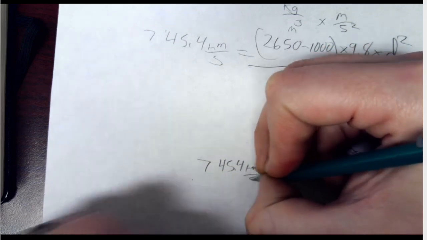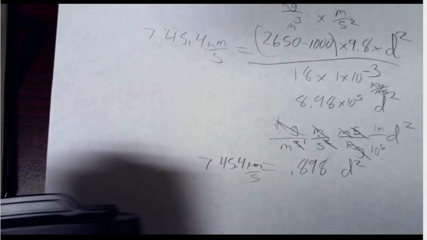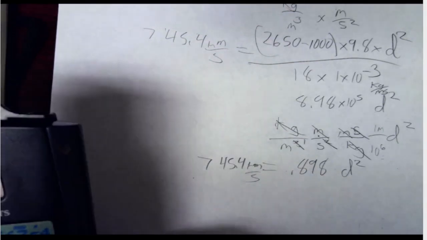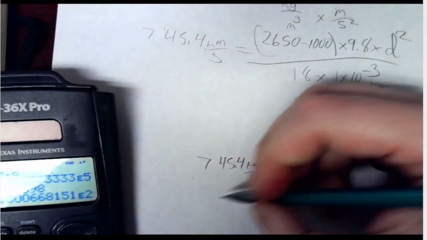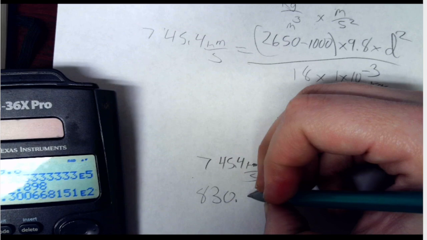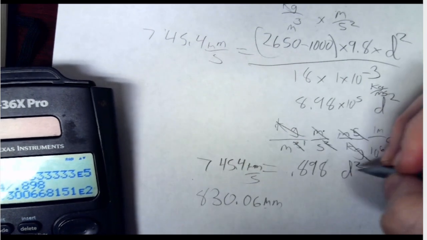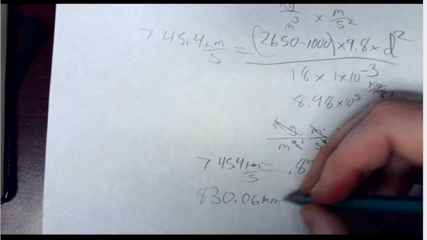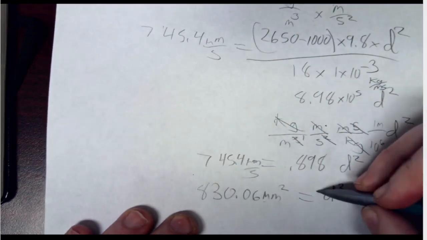That should work it out. So 745.4 divided by 0.898 gives me 830.06 micrometers squared equals d squared.